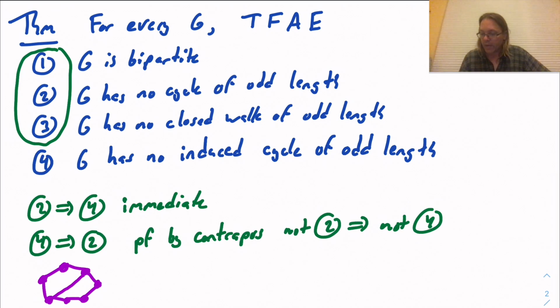But now look what's going on. Now you see 2 new cycles. We sort of have a theta shape here. So we know that the outside cycle there is odd in length. Let's give names to these 2 vertices here. So I have a cycle C that has odd length.